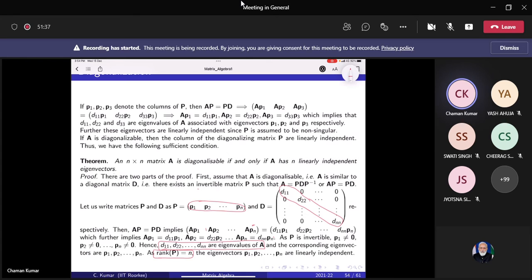If the rank is n, then from the definition of the rank there are n independent columns of P. So these n columns P1, P2, Pn are linearly independent.